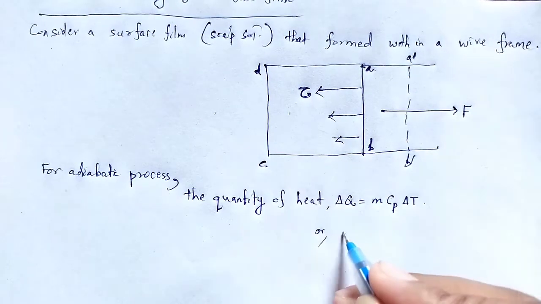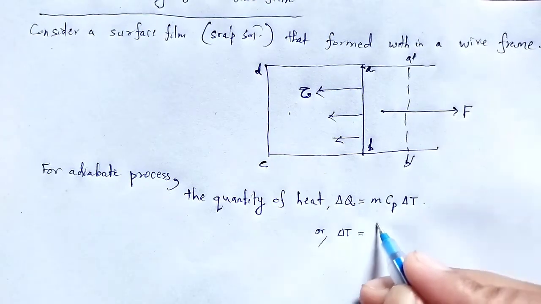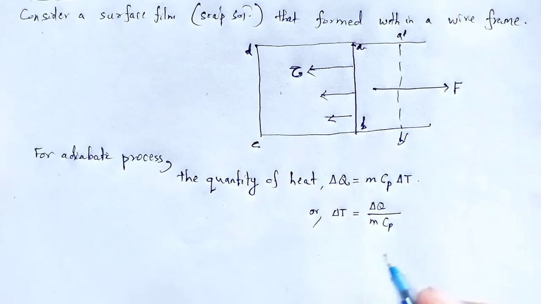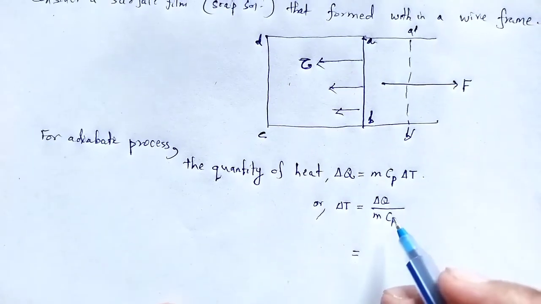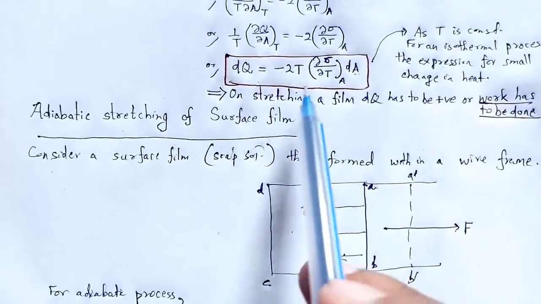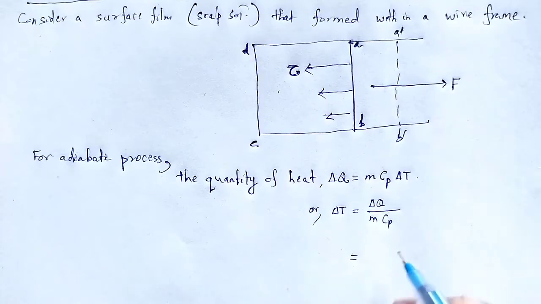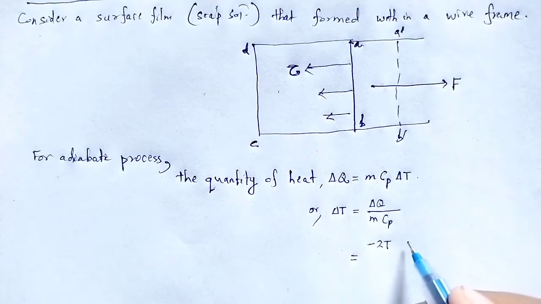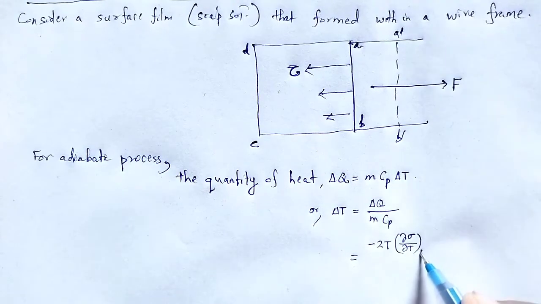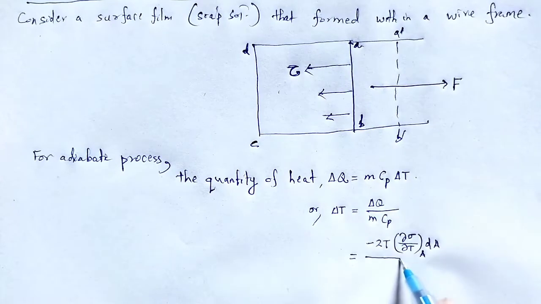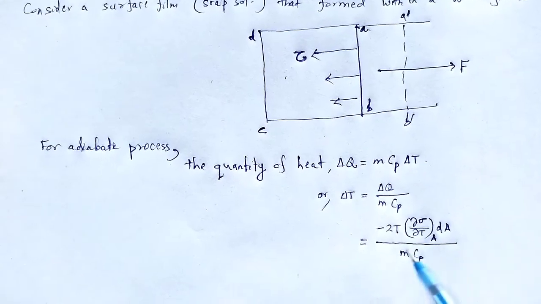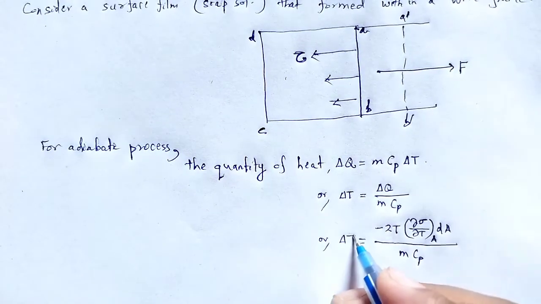Here we take del T is equal to del Q divided by m Cp. Now substituting the value of dq, we have minus 2T del sigma by del T at constant A, dA, divided by m Cp, that is for del T.